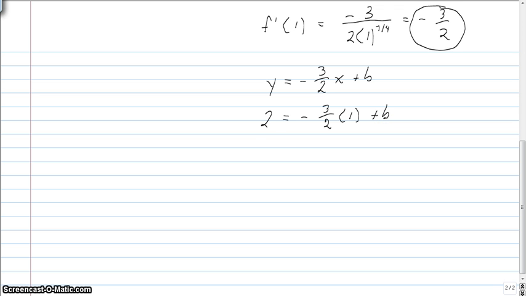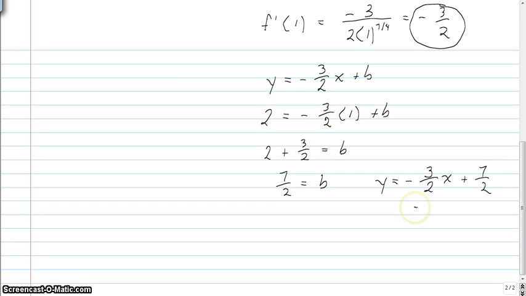So b is simply 2 plus 3/2, which is 7/2. So my equation would be y equals negative 3/2 x plus 7/2.